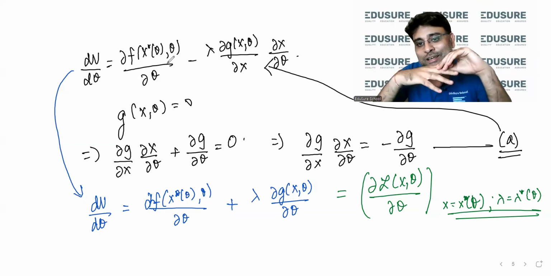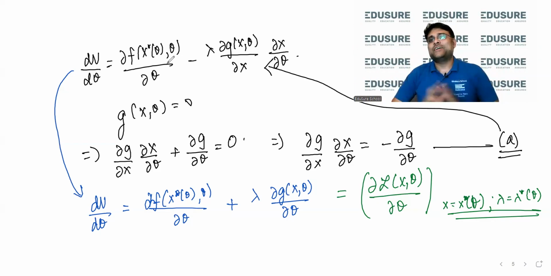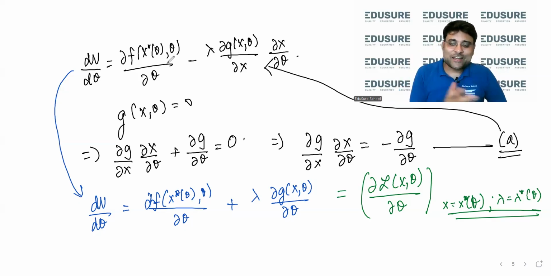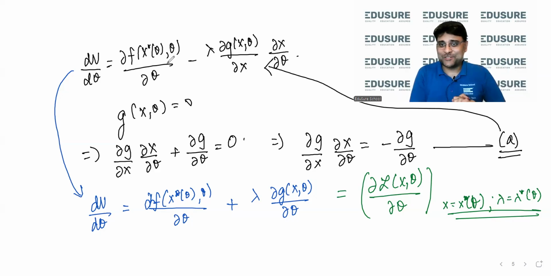So this comprehensive understanding of the envelope theorem basically makes it easier for you to understand that we don't have to consider the indirect effect at the optimal values, because it was zero from the first order condition anyways. Okay, right.